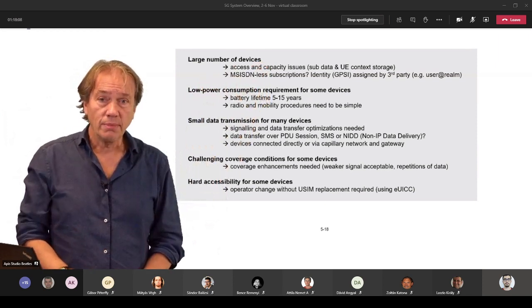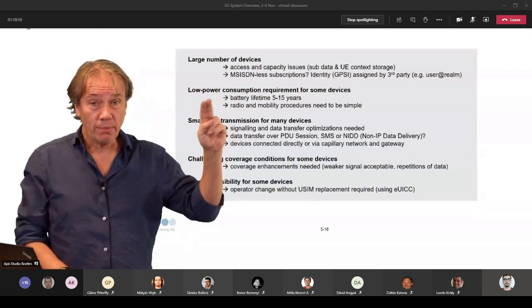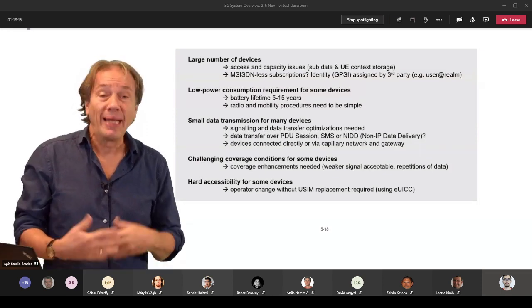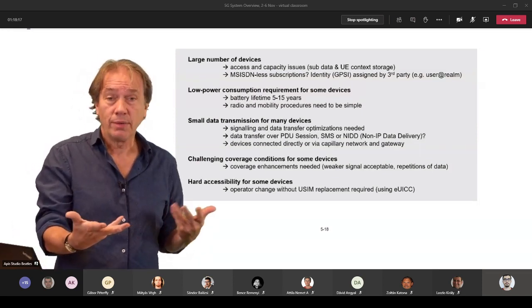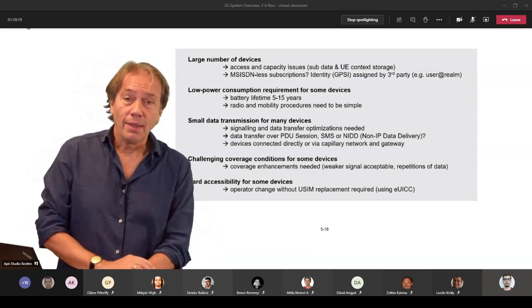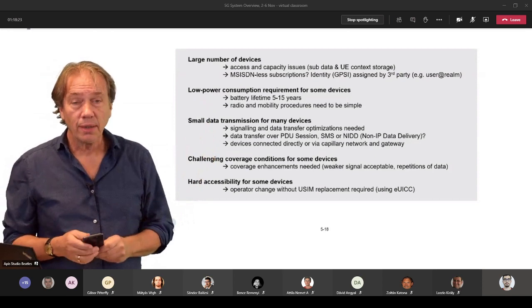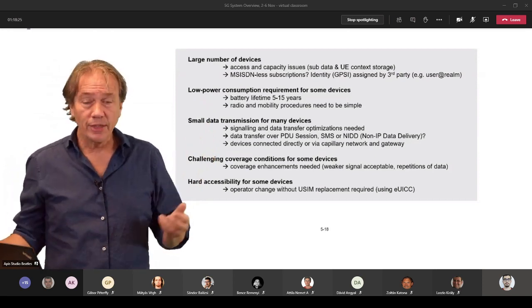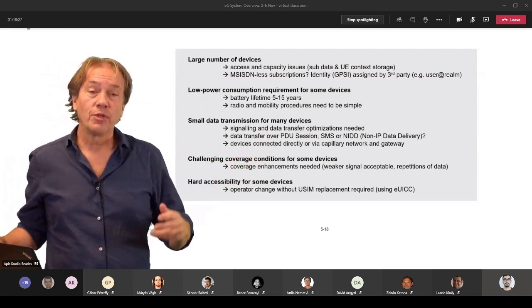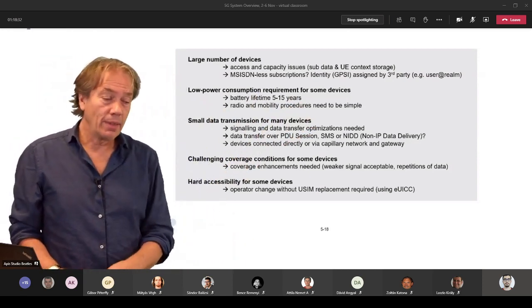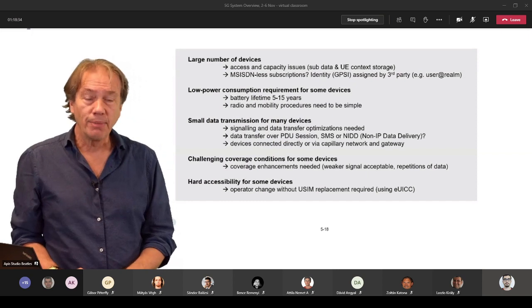Lots of devices, many of them will be in places maybe where you cannot charge the battery every night like most of us do with these things. There will be UEs in forests and on mountains and maybe below water and or below ground or in basements.